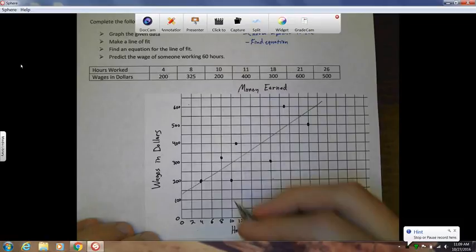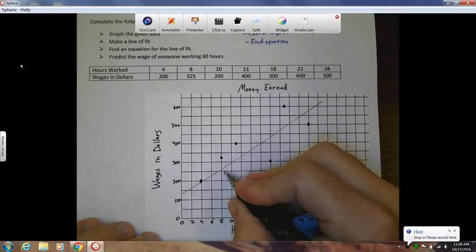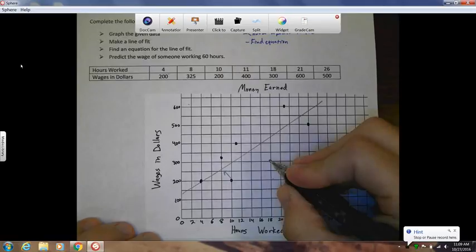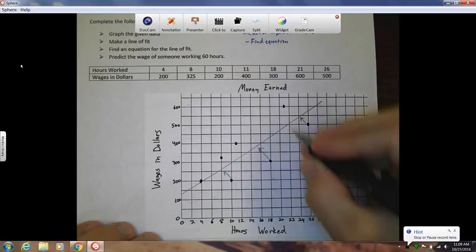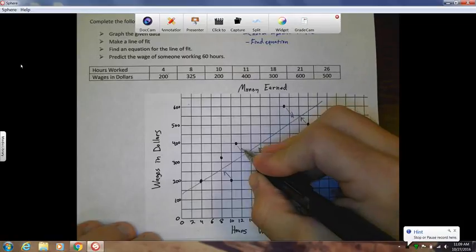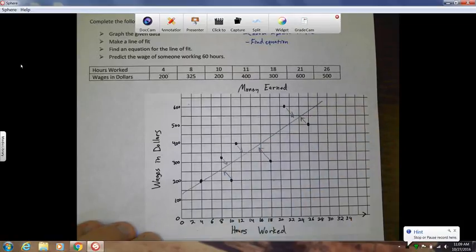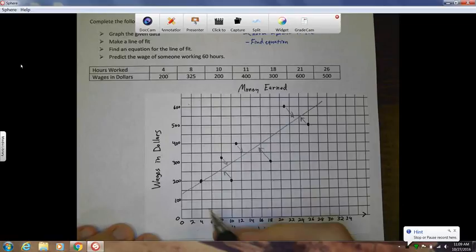So this is hard. There's no one right answer. Now there's some answers that are better. So I'm definitely going to use this point, because that is right through my line. That is the point 4, 200. So that's definitely a point, and that's going to be x1 and y1.